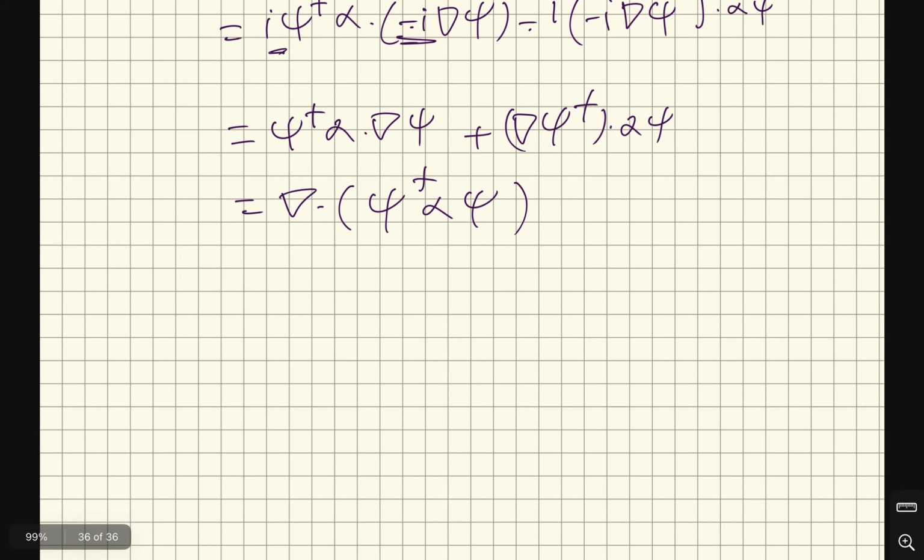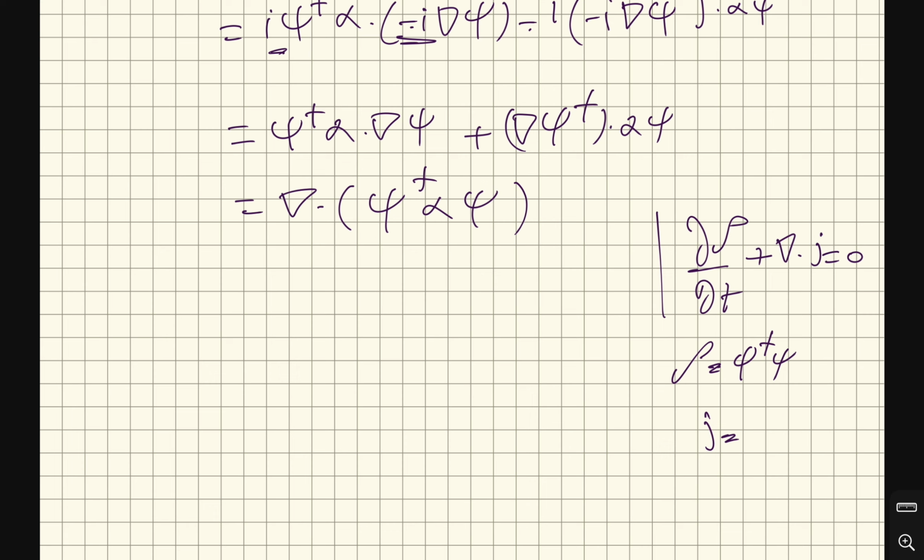As mentioned before, the continuity equation is partial rho over partial t plus nabla dot j equals 0. And we know that rho is equal to psi dagger psi, and j, if we compare, will be psi dagger alpha psi, right?